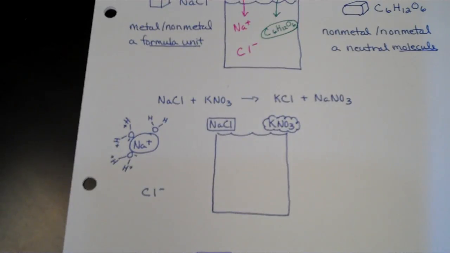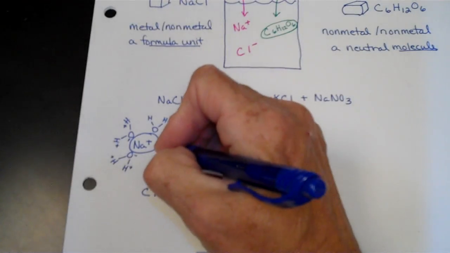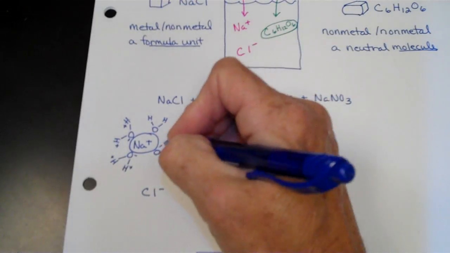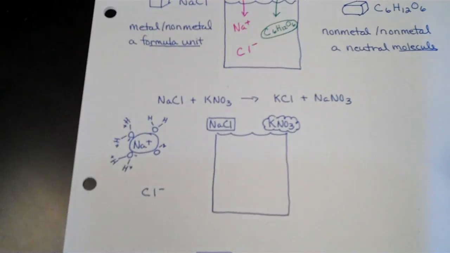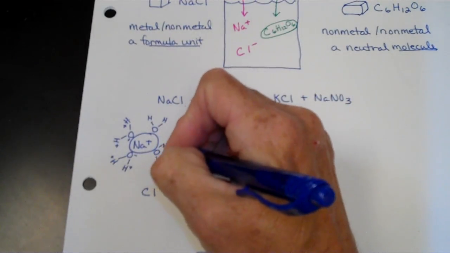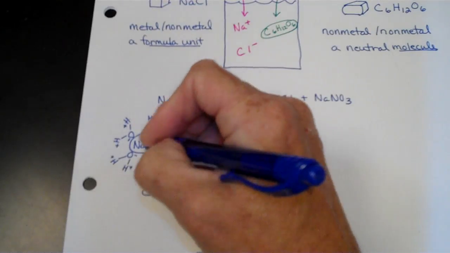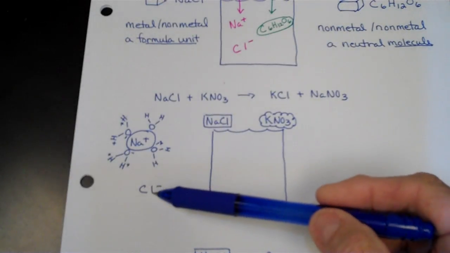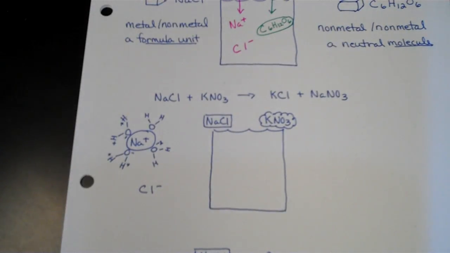And these water molecules line up so that the more negative oxygens are closer to the positives, and the hydrogens are farther away.